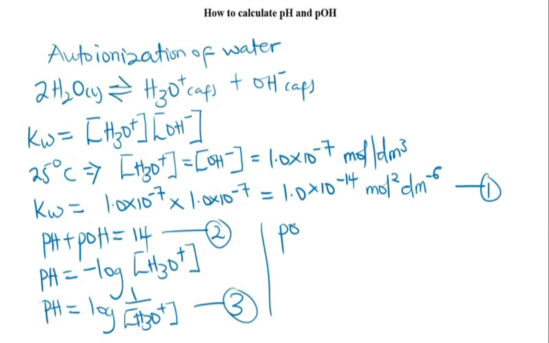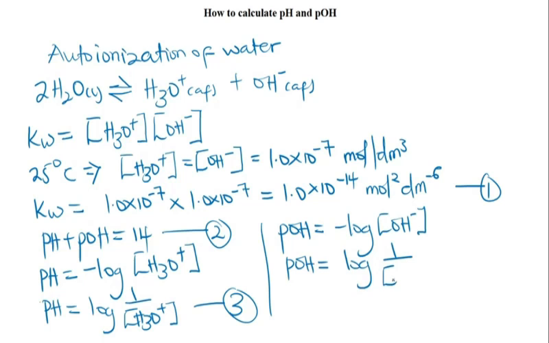Now pOH on the other hand is the inverse. So we have negative logarithm of hydroxide ion concentration in solution, or pOH is equal to log 1 over OH minus ions in solution. So this is our equation 4.